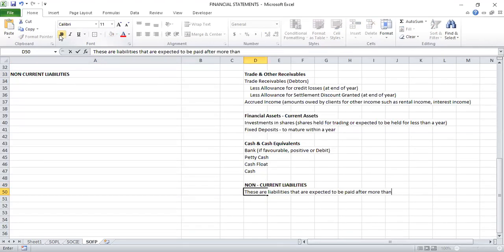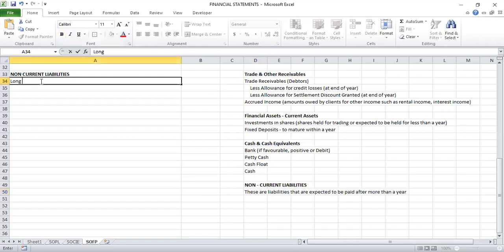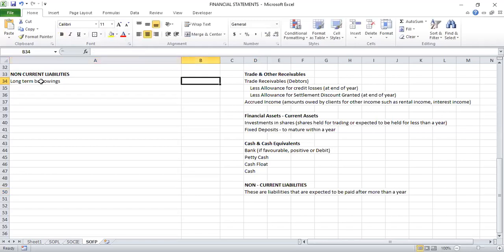So as long as we expect to pay the amount after 12 months, that becomes a non-current liability. Non-current liabilities, we normally bunch them together and call them long-term borrowings.